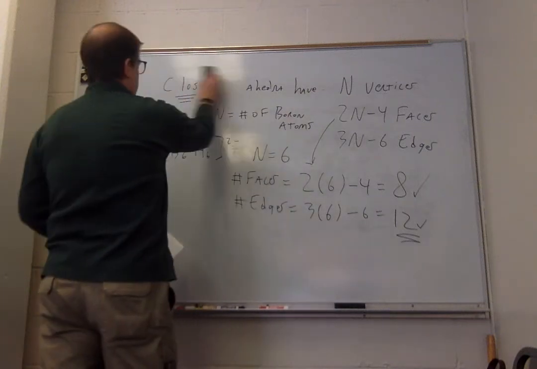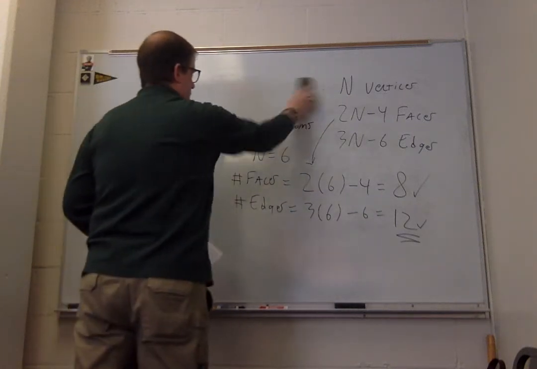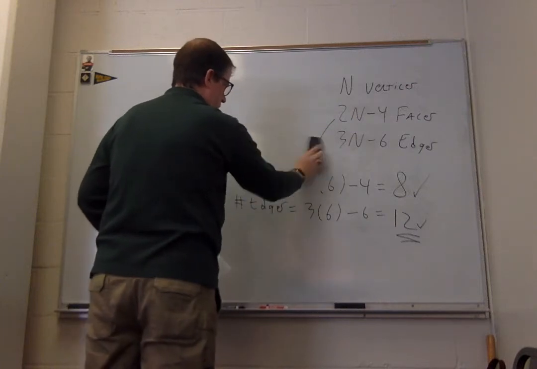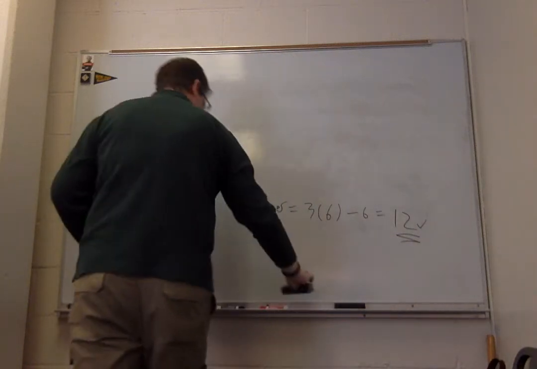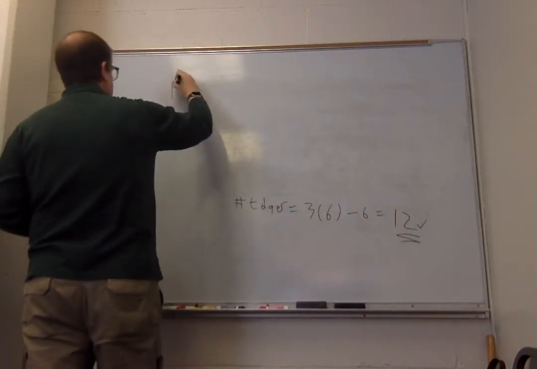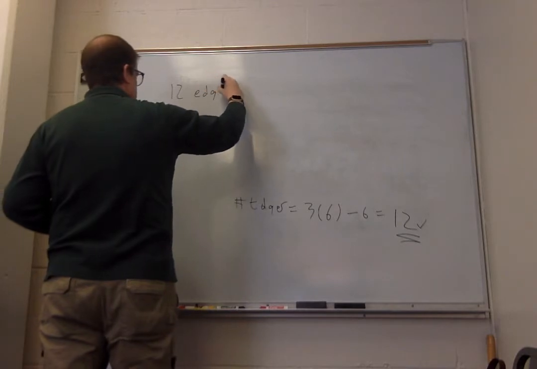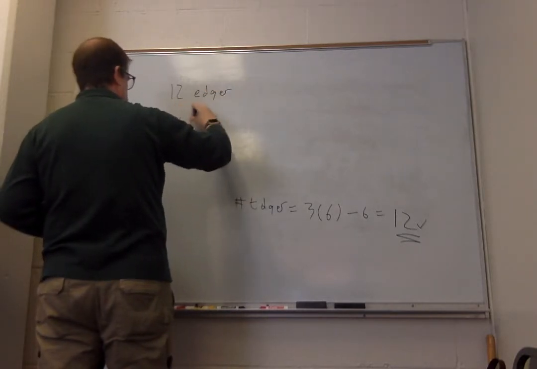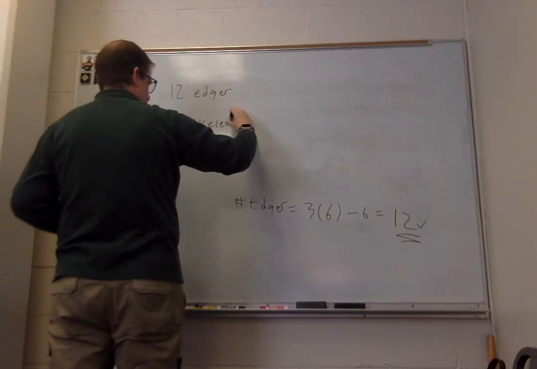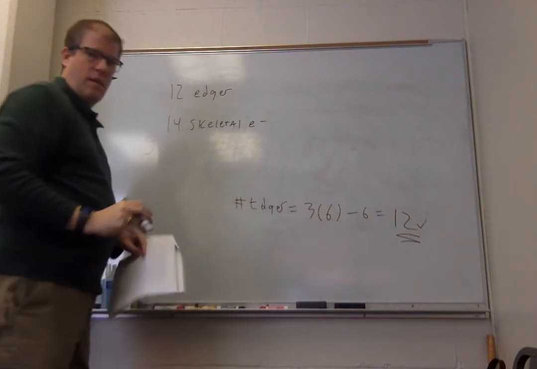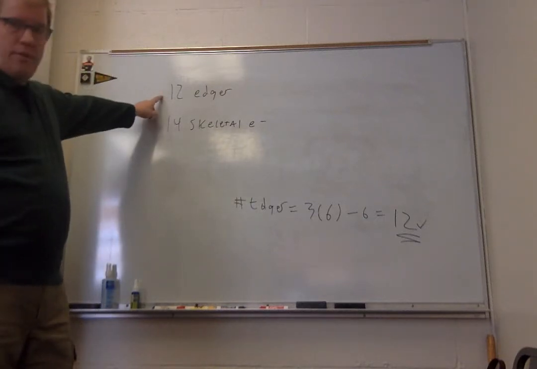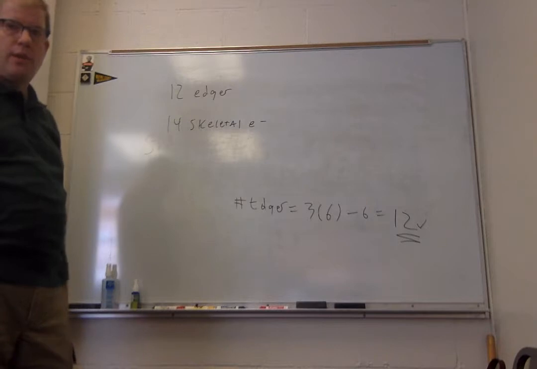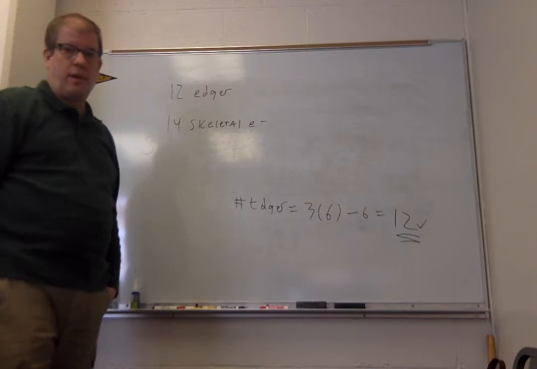Now what I want to do, just for the heck of it, is look at this. We have 12 edges, and we already found that there are 14 skeletal bonding electrons, meaning there's 14 electrons holding the B6 cluster together.